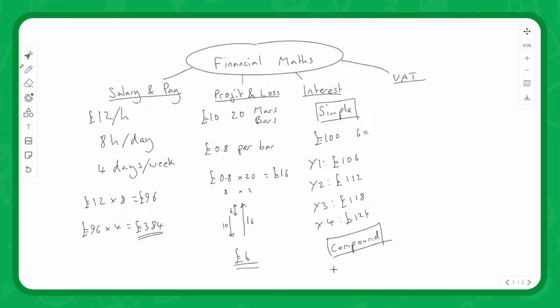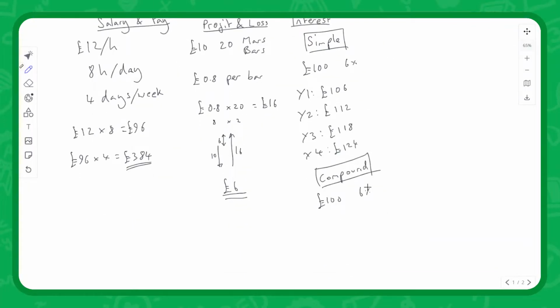Compound is slightly trickier. Let's say again we put £100 into a bank account, and that account offers 6% compound interest. Well, in this case, after the first year, we just look at what we had initially at the start of that year, and we work out an extra 6% on top of that.